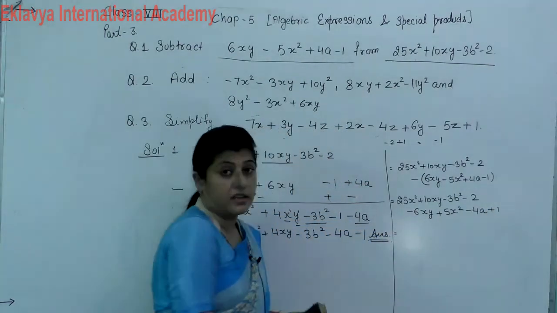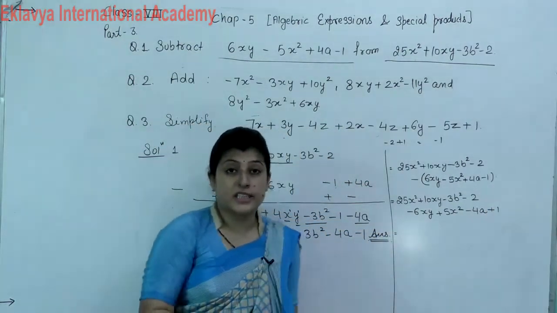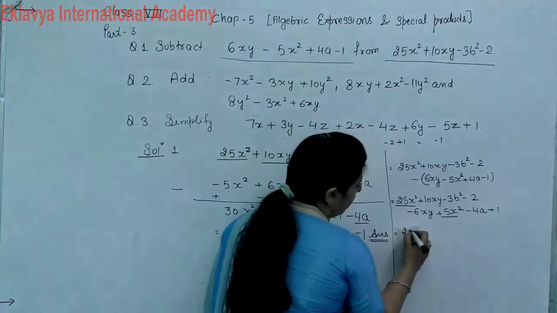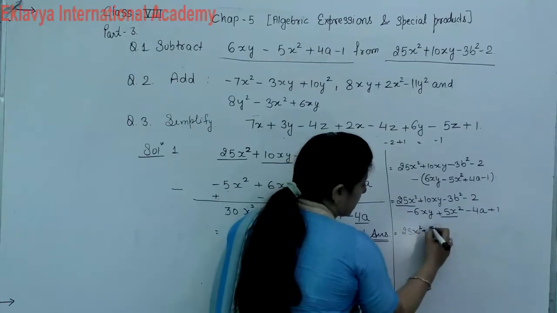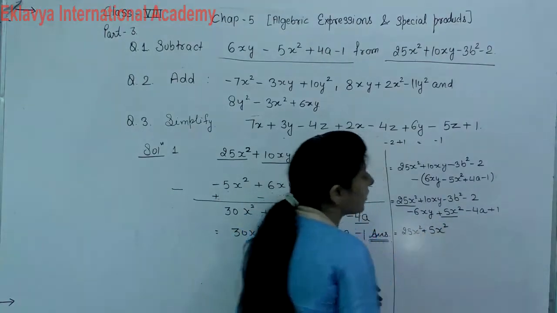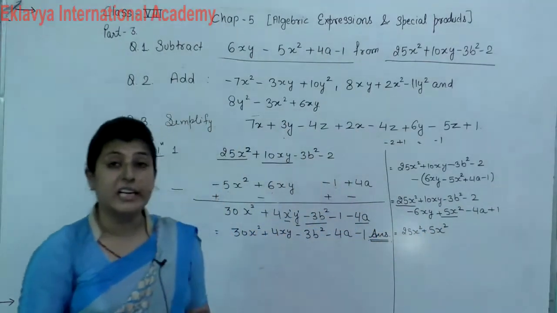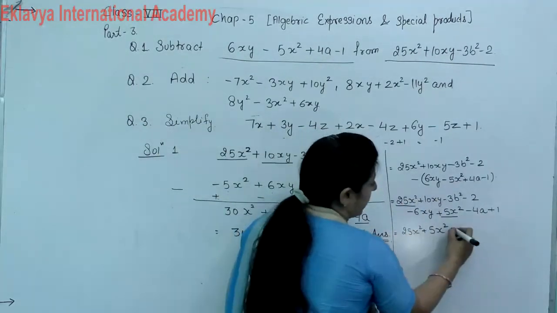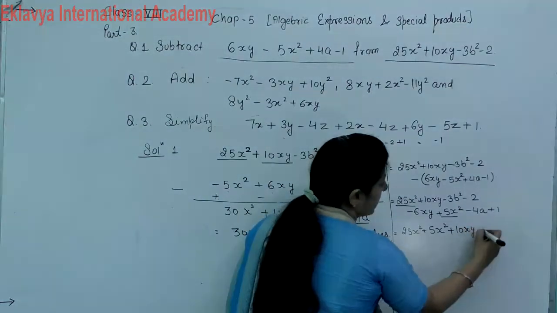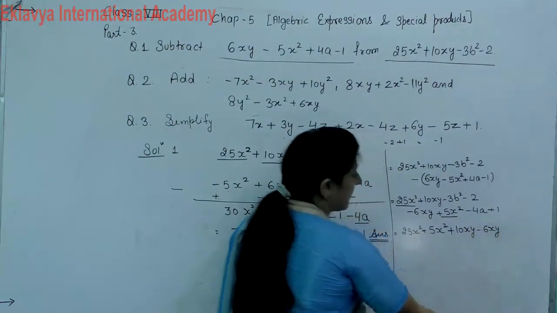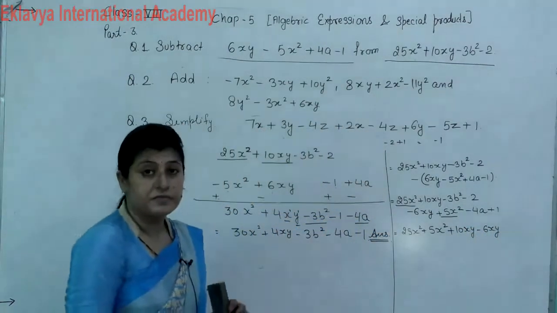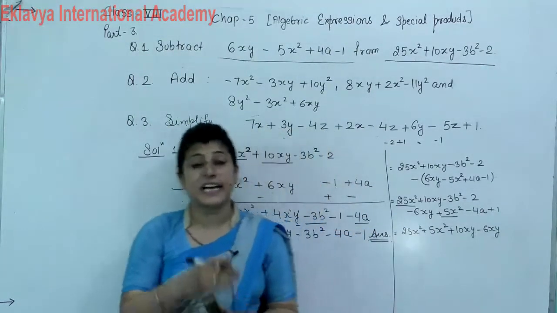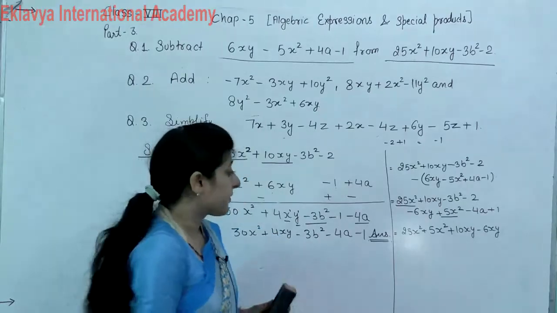Now the same thing, combine together the like terms, 25x square and plus 5x square. This step you can skip also if you know how to write directly. But firstly whenever you are practicing, then write down properly. For 10 or 12 questions firstly do it with the proper method, then you can apply it directly.